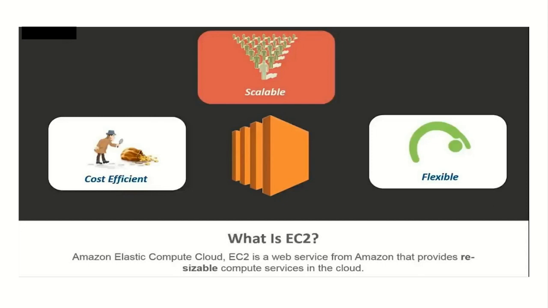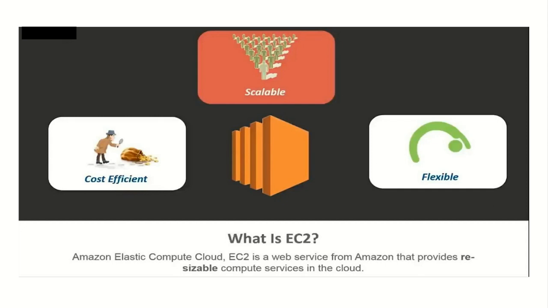Now these are some of the features that I just mentioned, right? Let me throw some more light on these pointers as well. What do I mean by scalable? When we talk about a cloud platform, one of its best features is that it gives us a high amount of scalability.